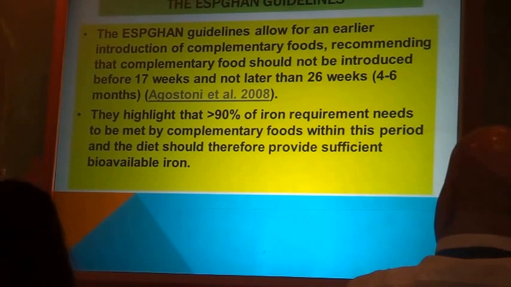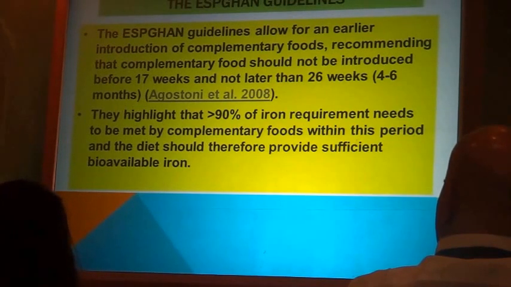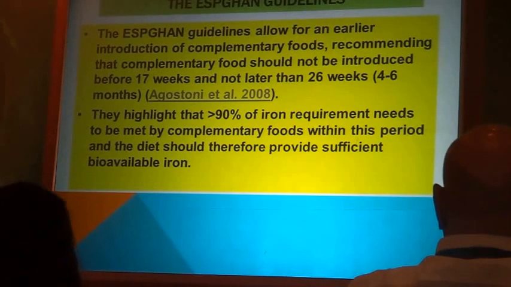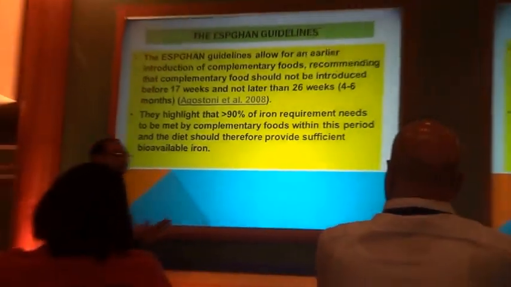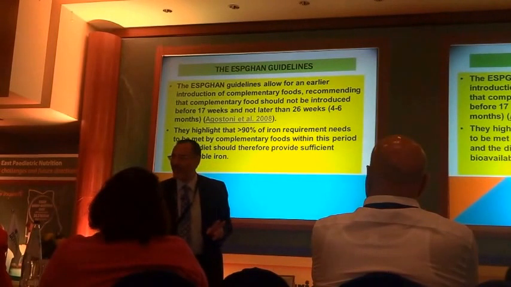It shouldn't start before 17 weeks and it shouldn't be delayed beyond 26 weeks. And this is very important because this is something against the universal way of the WHO, as you know.